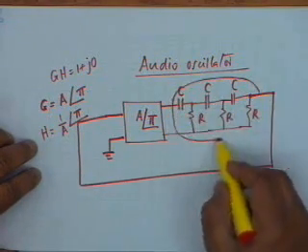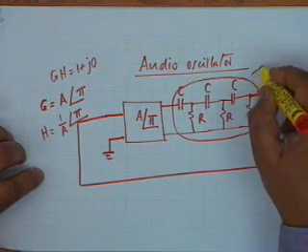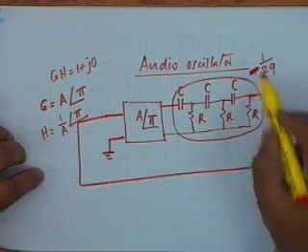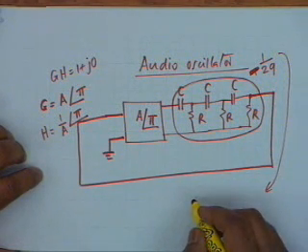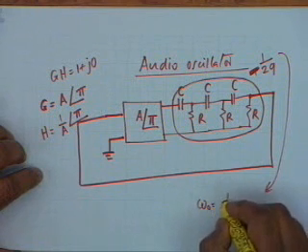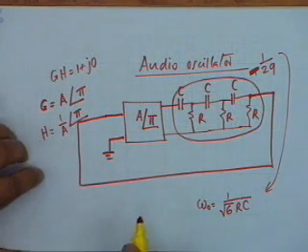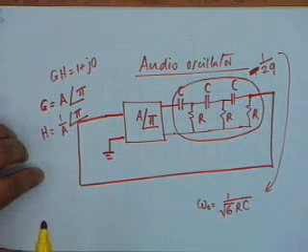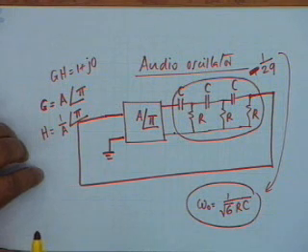This 3-stage CR network can give a gain of minus 1 by 29 at the frequency which you can analyze. The frequency is given by 1 by root 6 RC. It can be shown by circuit analysis that if you put an input voltage here, the output voltage shall be exactly out of phase at this frequency, and the attenuation is 29, 1 by 29.